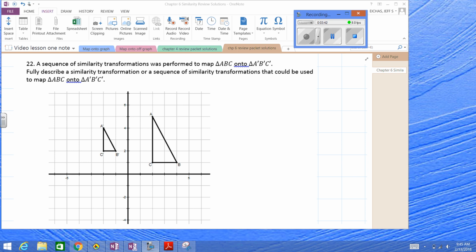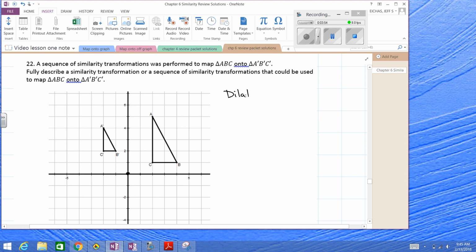For this one, it doesn't look as nice, so I'm going to dilate using the center at the origin first to get the size right, and then I'll translate after that. So I'm going to dilate triangle ABC centered at the origin by a scale factor of, now I'm going to have to do some work.